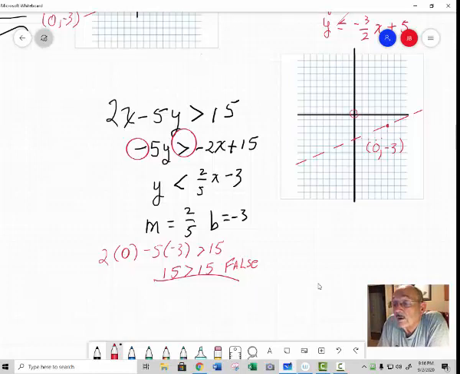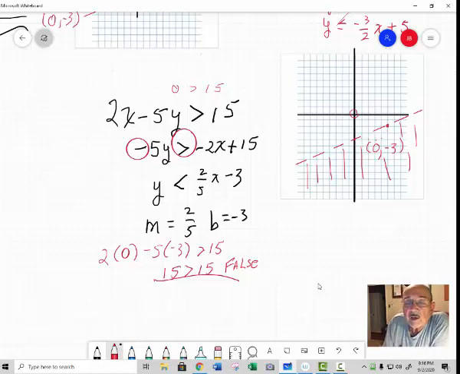Because 0 is not greater than 15, and what I did was I shortcutted it. The reason I do that is because that's exactly what it's about to be. 0 minus 0 is still going to be 0. That's why I use the origin. Is 0 bigger than 15? No, so the origin is not in it. It's going to be these values down.